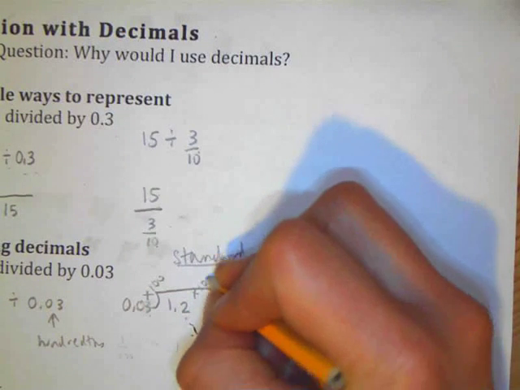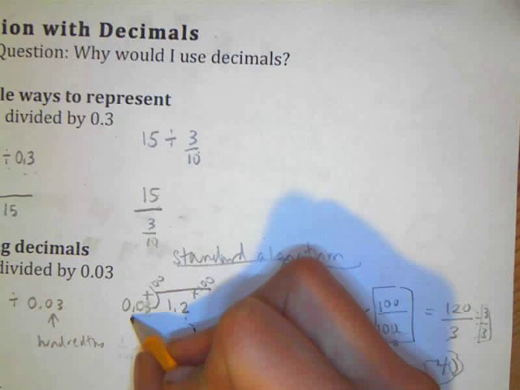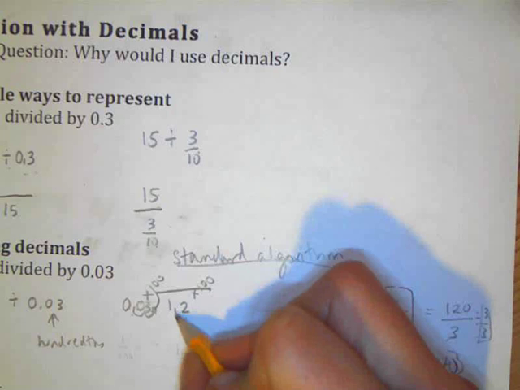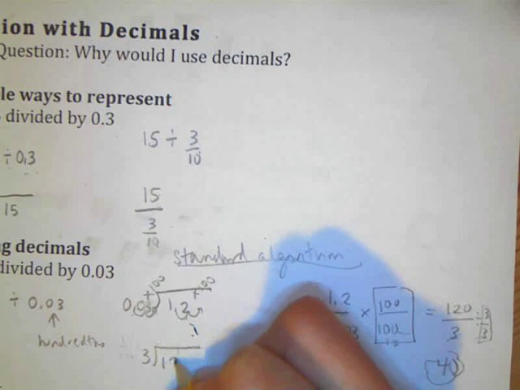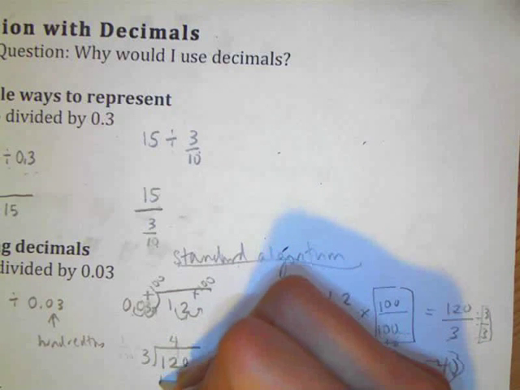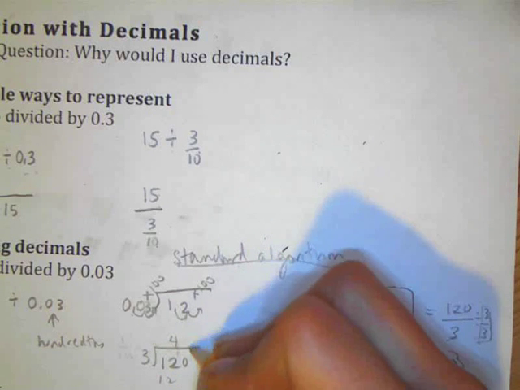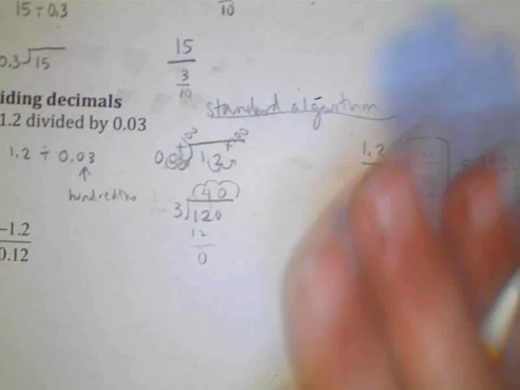That's what allows me to move the decimal places, and then I'm going to rewrite it as 3 into 120. It goes in 4 times, so there's where you get your 40. Okay, so just an extra little piece.